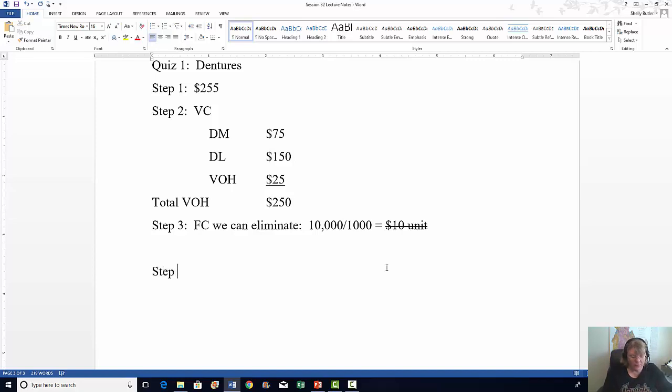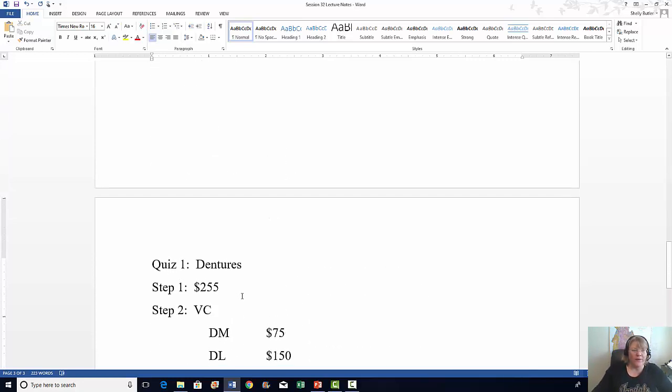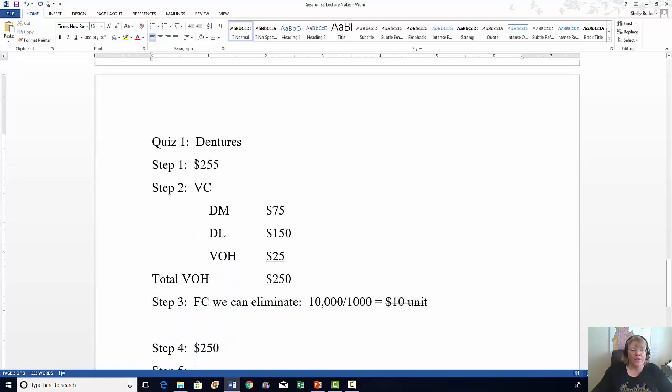So step 4 is to add up all the costs that can be eliminated, and we get $250, sorry, $250 for a denture. Whoa. Okay. $250, is that less than what we can, so step 5, let's get step 5 in there, are the costs that we can eliminate lower than the price we're going to pay for them?